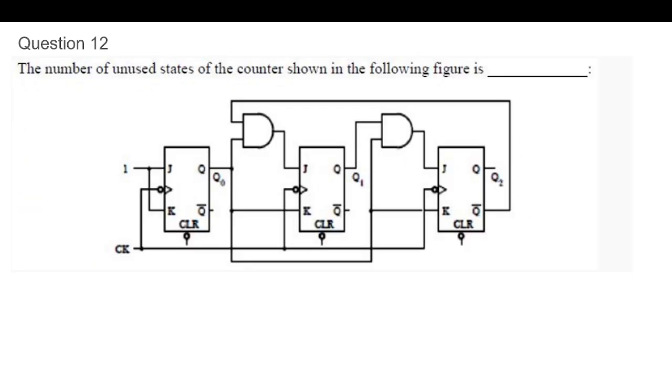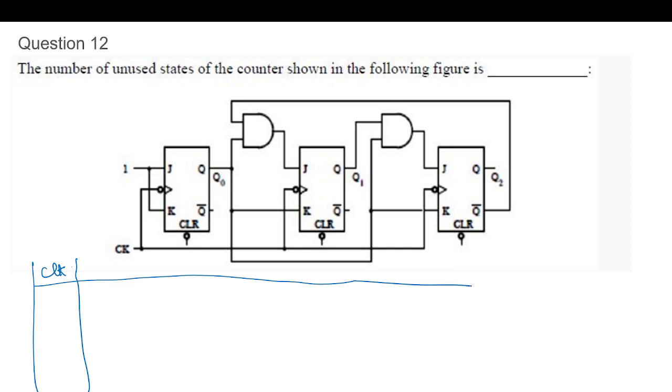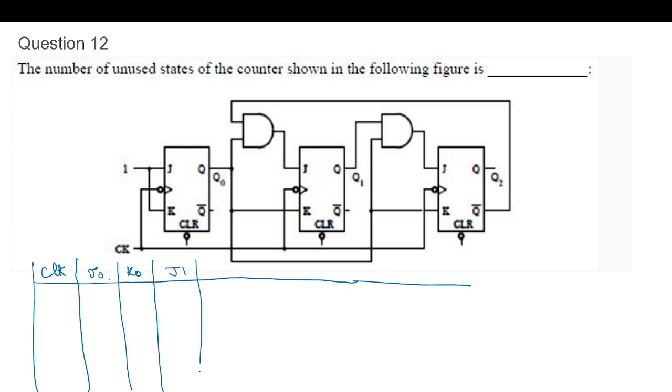So next question. The number of unused states of the counter is. So for this, instead of waveform, we will go with tabular because in J and K also we have to write J0, K0, J1, K1, J2, K2.